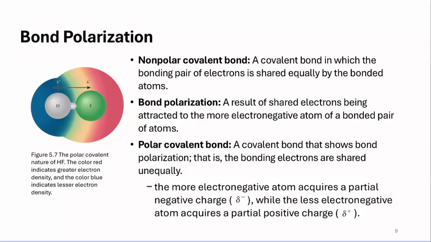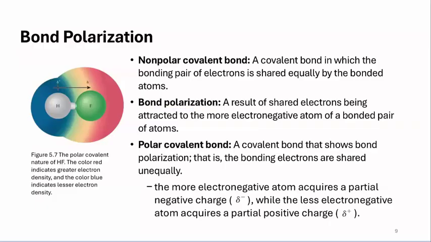At times, we see molecules that have great differences in their electronegativity, meaning that one atom is going to have a larger value for electronegativity, and the result of this is bond polarization.